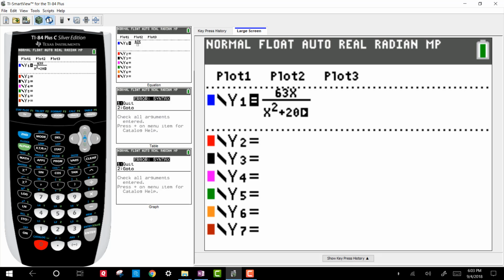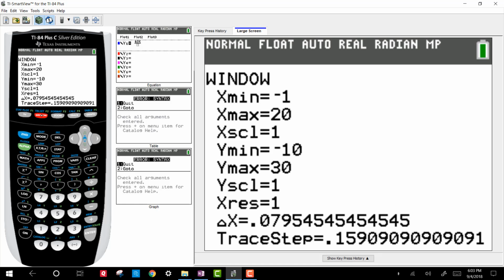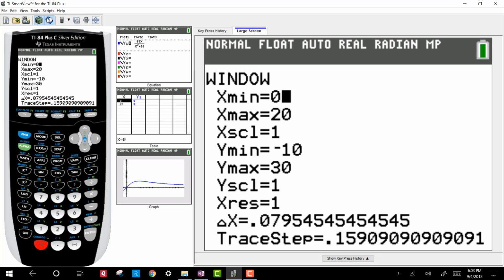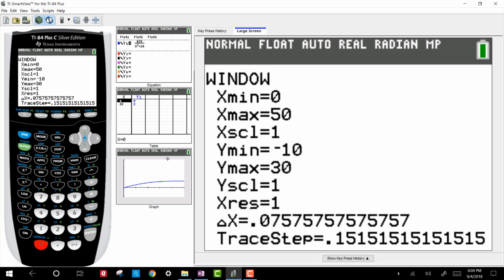And let's go to our window and adjust that, because they did tell us to graph over a 0 to 50 window. So we're going to go ahead and clear this out and type in 0. We're going to go all the way out to 50 this time. So 50. And now you can notice, normally you wouldn't see this, but I've got a lot of room above this graph on the y-axis here.